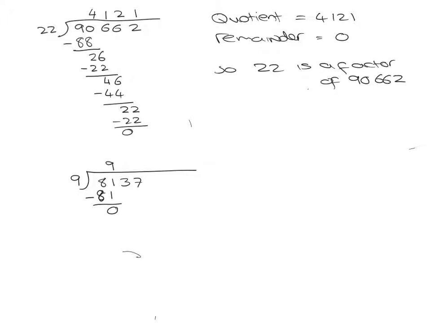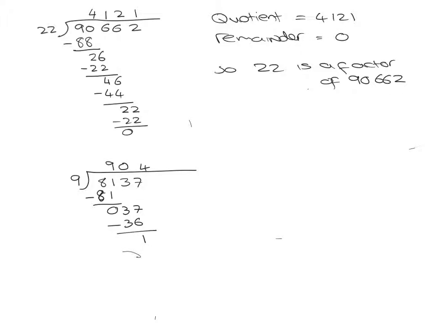So now we have to bring the 3 down, but 9 goes into 3 0 times, with a remainder of 3. So then we bring the next one down, and 9 goes into 37 4 times. Then 4 times 9 is 36, and when we subtract, we get a remainder of 1.